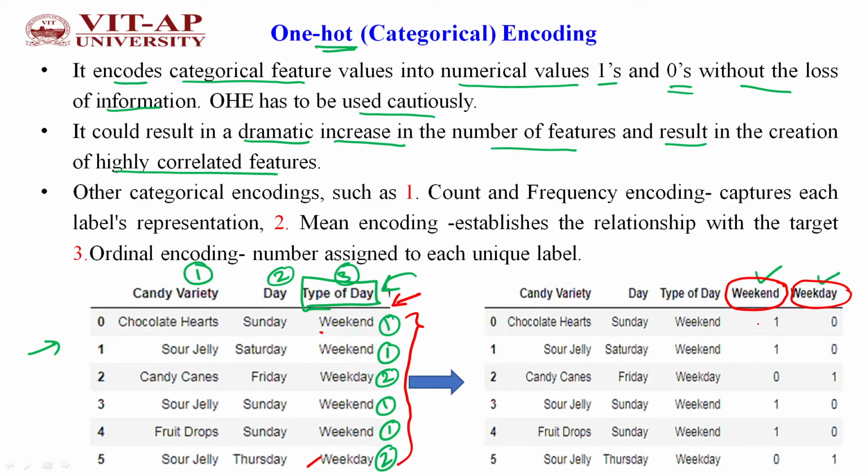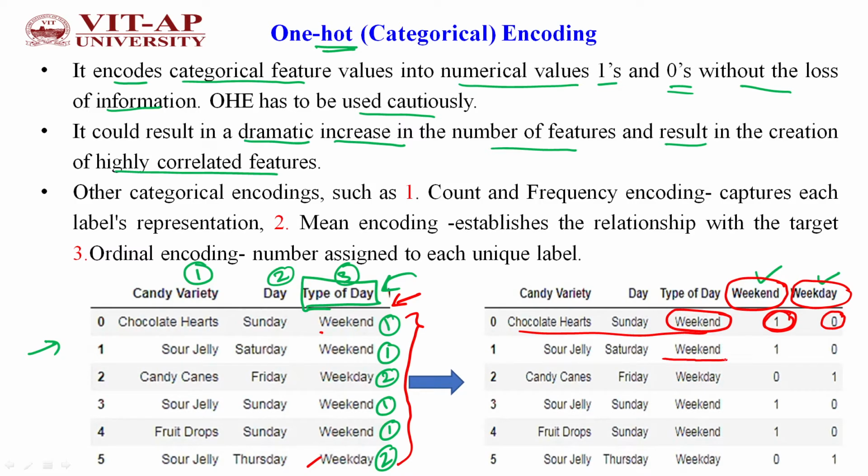So two values are acting as features in the output feature set. Now look here, wherever weekend is available, we have to make it one. Yes, this is weekend, true, and true means we add one. The weekend, yes, one. Is it weekday? No, zero. No means zero.